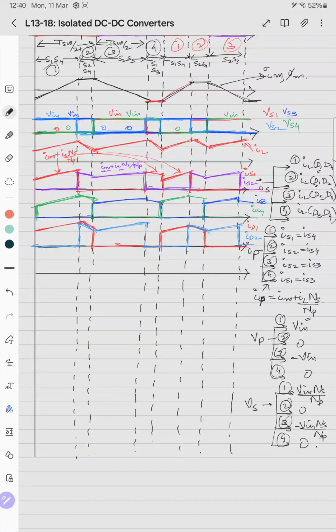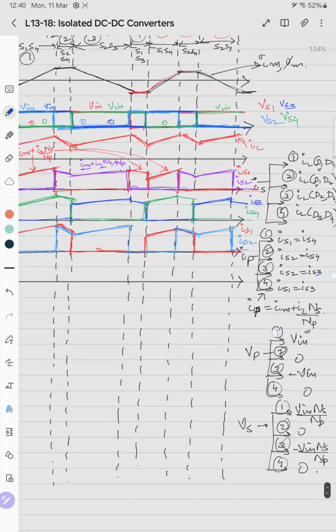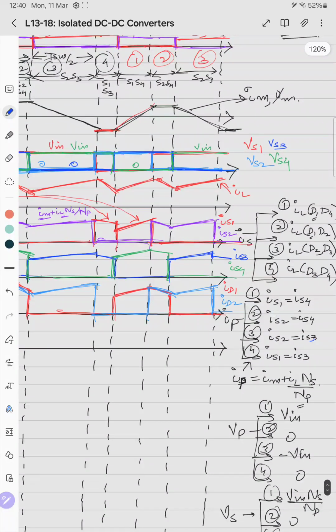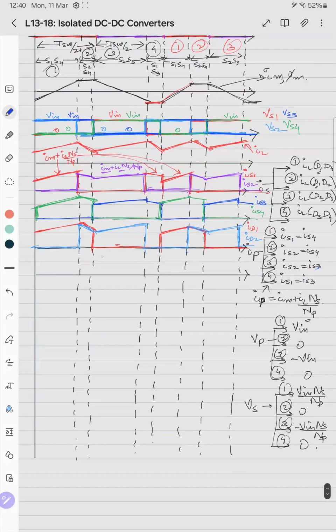Now ID3 we will draw. ID3 comes, we have to see secondary current. ID3 comes in case 3 and 4. So draw inductor current in the case 3 and 4. So it is like this. 3, 4. Rest time it is 0. This is ID3.